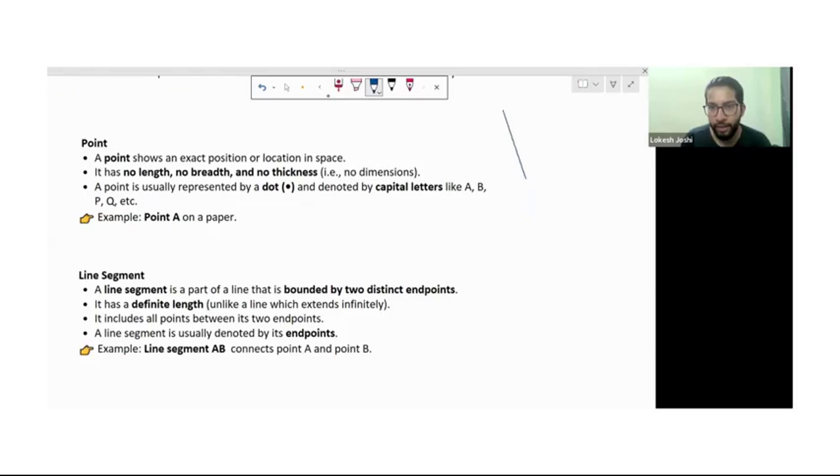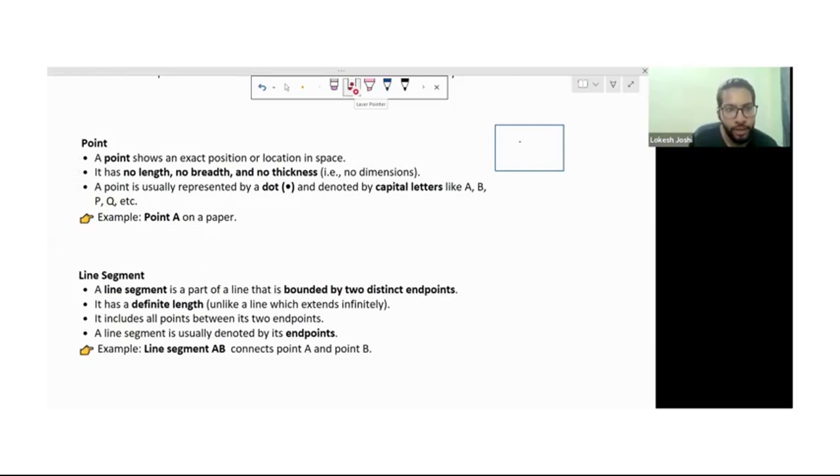If I draw some space, suppose it looks like that, any exact location like this point is known as a point, any single dot. This definition is also undefined. We cannot define it properly, but it's more clear.